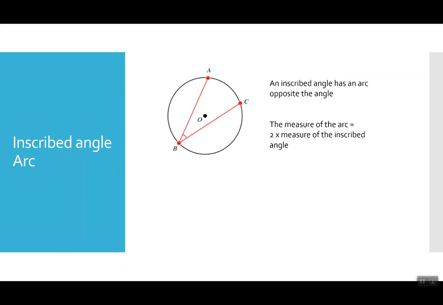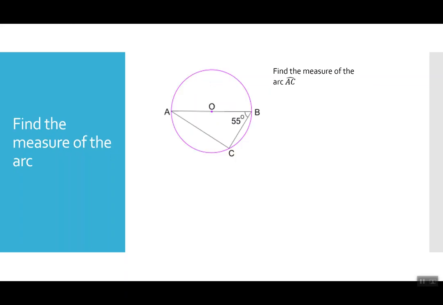An inscribed angle has a corresponding arc that's on the opposite side of the angle. The measure of the arc is always twice the measure of the inscribed angle. For example, in this circle, I can see I have an inscribed angle ABC. When I look, it forms an arc from A to C. The measure of the arc AC will be 2 times 55, which is 110 degrees.